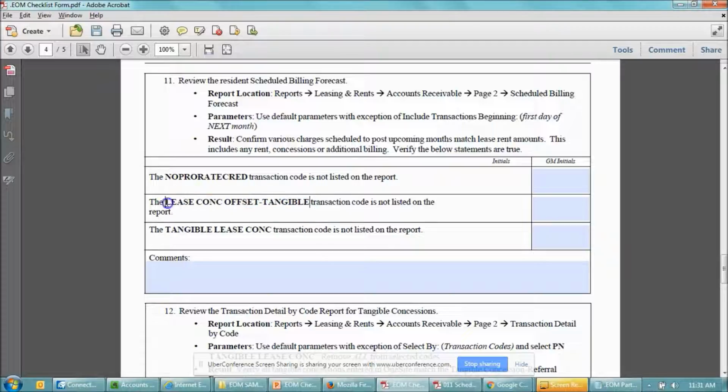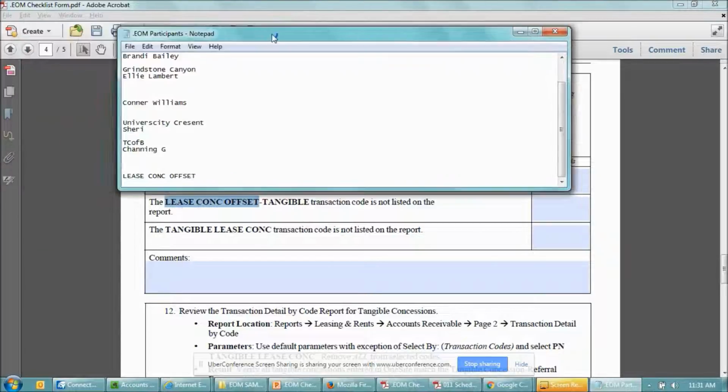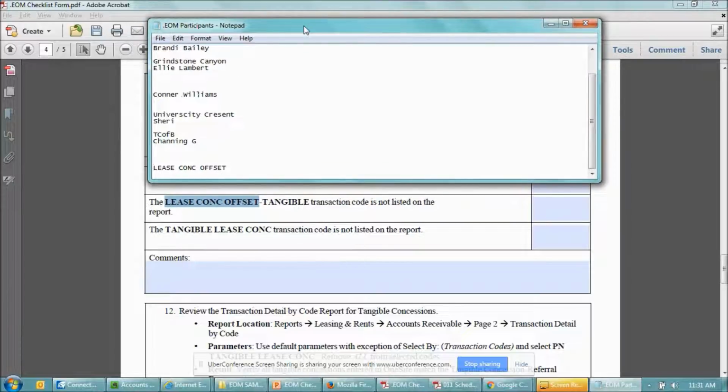The reason why this one happens is because of the code that should be used for scheduled billing when we're doing gift cards. I never recommend using gift cards as a concession tool or a promotional tool because they are a hot mess. But if you are ever to use gift cards, you do have to enter this code into scheduled billing.